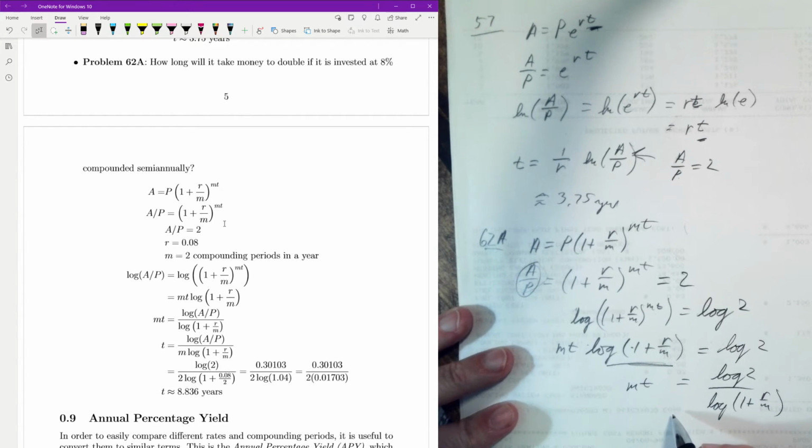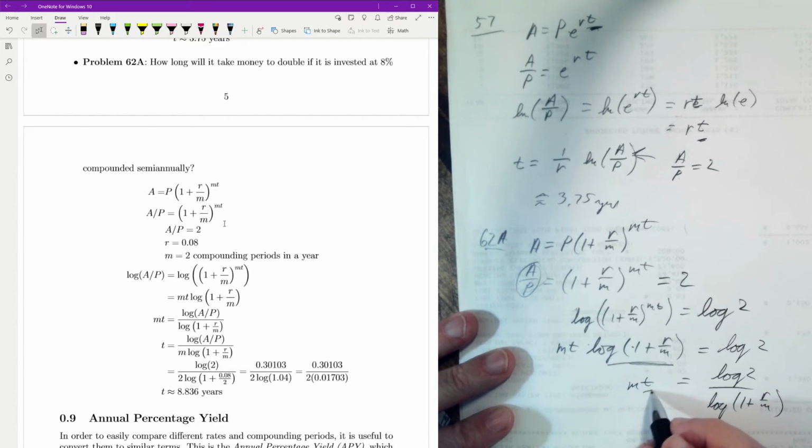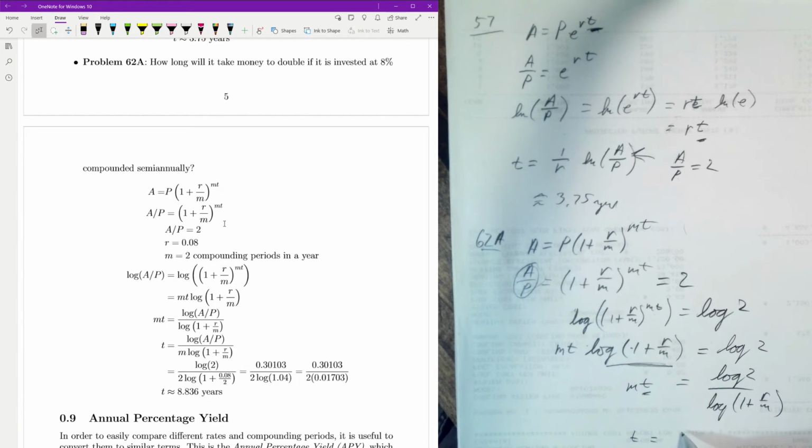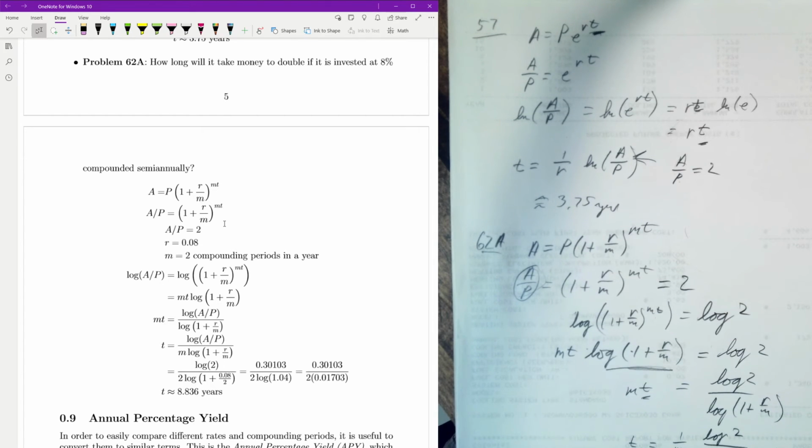And then T. We want to know the value of T. So let's solve for T. Divide both sides by M, and we end up with 1 over M times log of 2 divided by log of 1 plus R over M. Now, we plug in the values, the numbers that we were given.